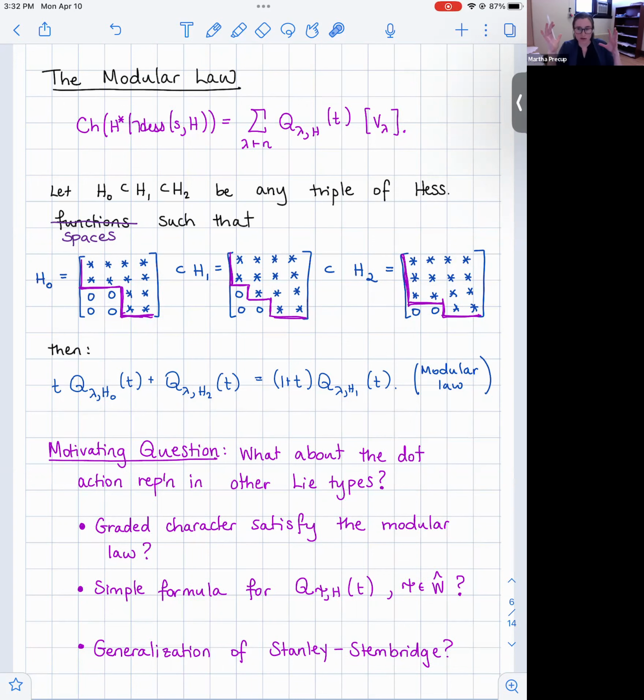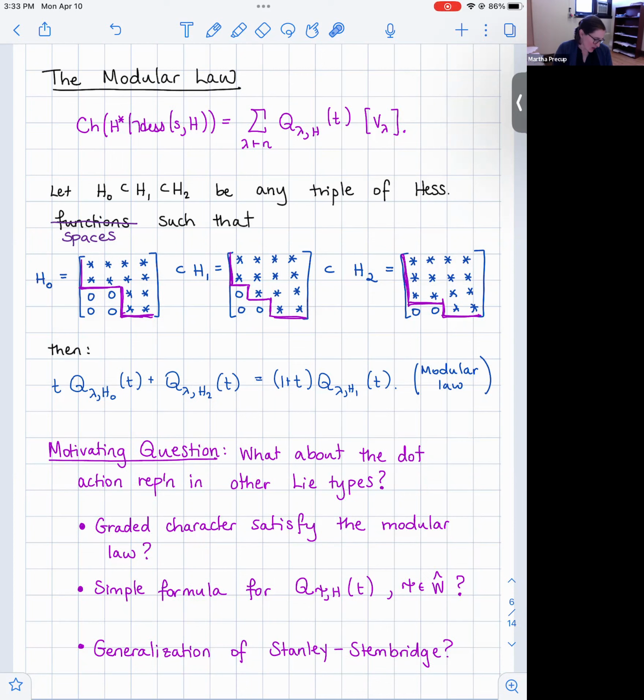Intuitively, this rule tells you how to relate the representation in the middle to the representations corresponding to the Hessenberg spaces on either end. This is a very nice law, and it gives you a lot of leverage in quickly computing these things. You might want to test Stanley and Stembridge's conjecture for very high n, and one way is to ask your computer to recursively compute it using this law.